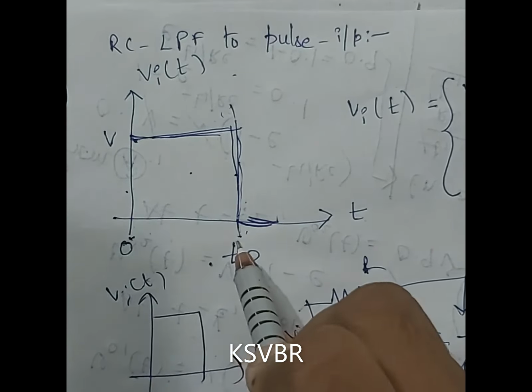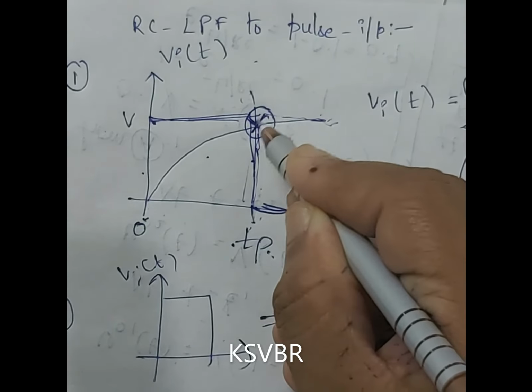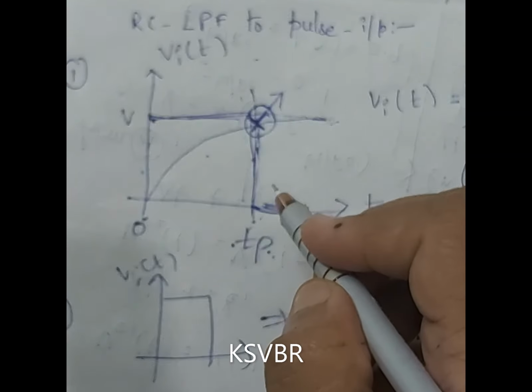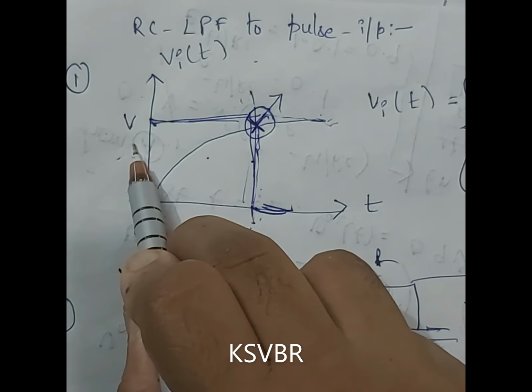It will go like this and it will reach maximum value V. It may be here after this one, it is short durated pulse signal, right? So at t equal to Tp, what happened here? It crossed our input signal. Okay, so it reached some magnitude which is not equal to V. The output curve will go like this and it reaches some magnitude that is not equal to our V.